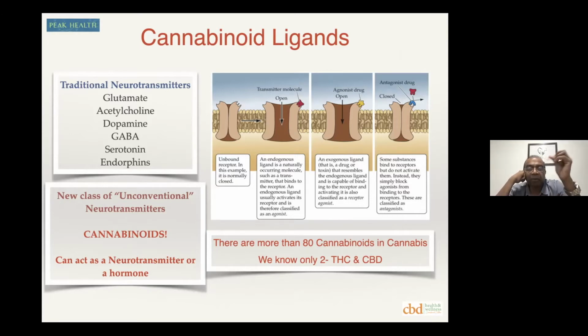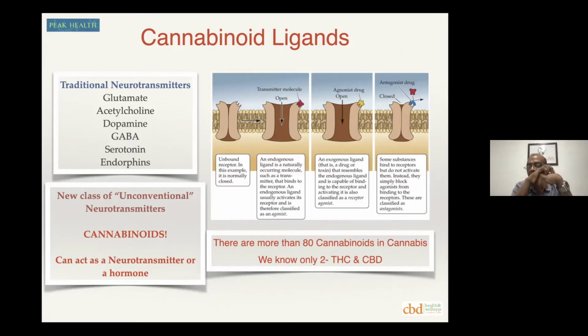Now, the cannabinoids are what I call a whole new class of unconventional neurotransmitters. They're unconventional because they're not classified by the pharmaceutical industry as neurotransmitters, but they are. Anandamide is known to be a neurotransmitter that our body produces, and anandamide works on the CB1 and CB2 receptors.